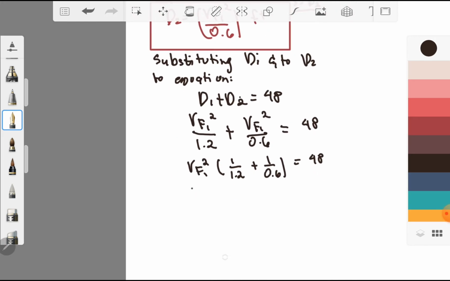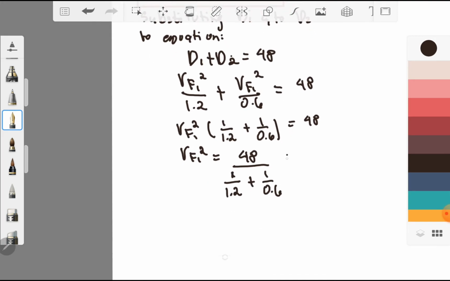So, we'll have a value of your VF1 squared, which is equal to 48 divided by 1 all over 1.2 plus 1 all over 0.6. Okay? So, we'll have a value equal to 19.2.